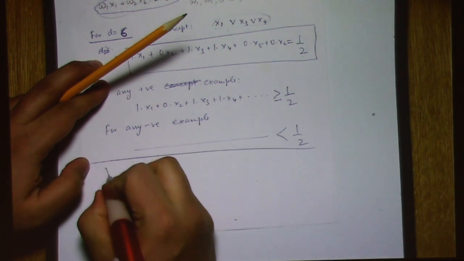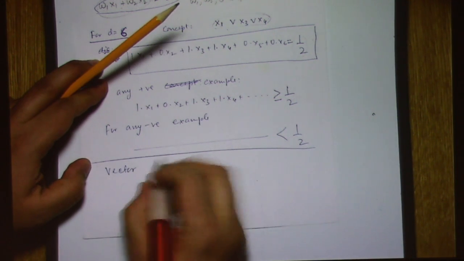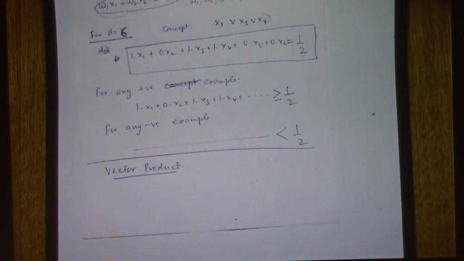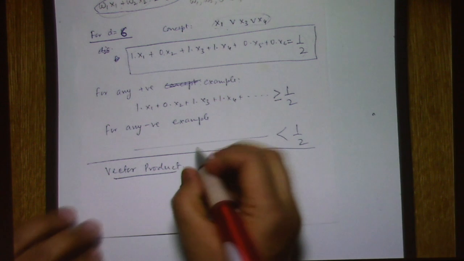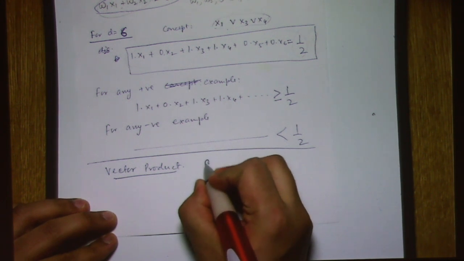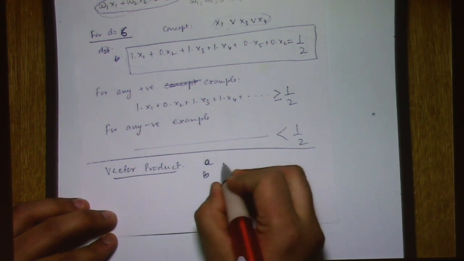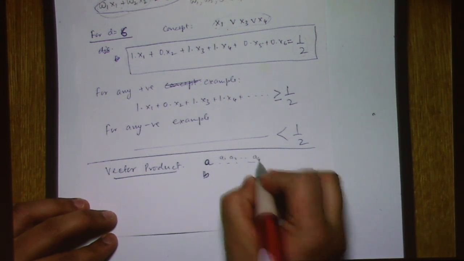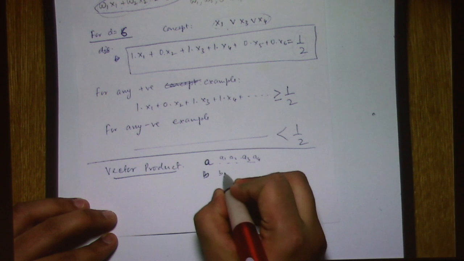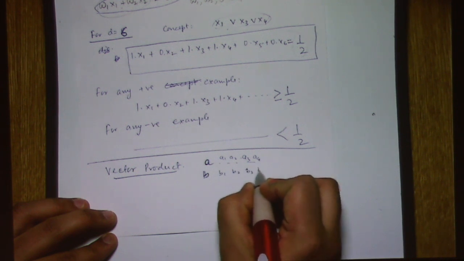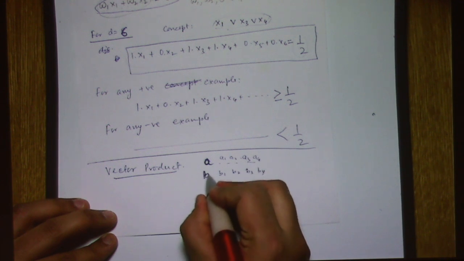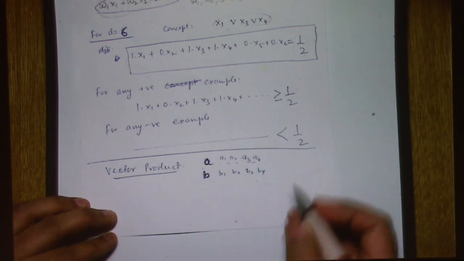The one thing you need to understand, and I'm sure you do, is the notion of a vector product. If I have 2 vectors, you can do a vector product. Let's say A is A1, A2, A3, and B is B1, B2, B3. In the slide you will see I mostly use a bold lowercase letter for a vector.